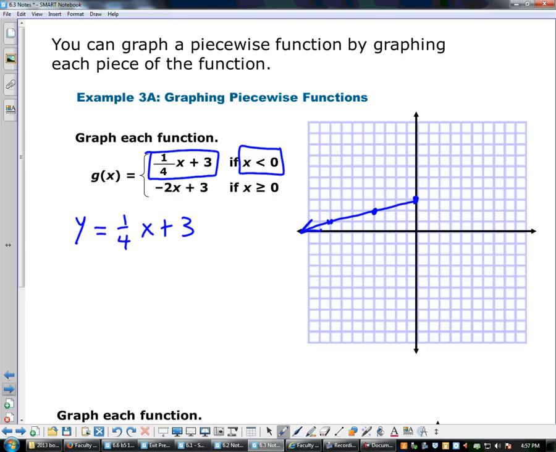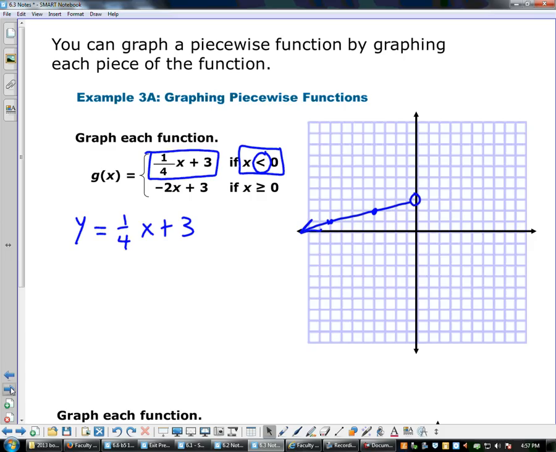One thing to point out though, notice that x is not less than or equal to 0, it's strictly less than 0, which means we cannot include this point right here, so we indicate that by putting a hole in the graph. That means that you could take all the values up to that point, but not including that point (0, 3). There'd be a hole in the graph at (0, 3).